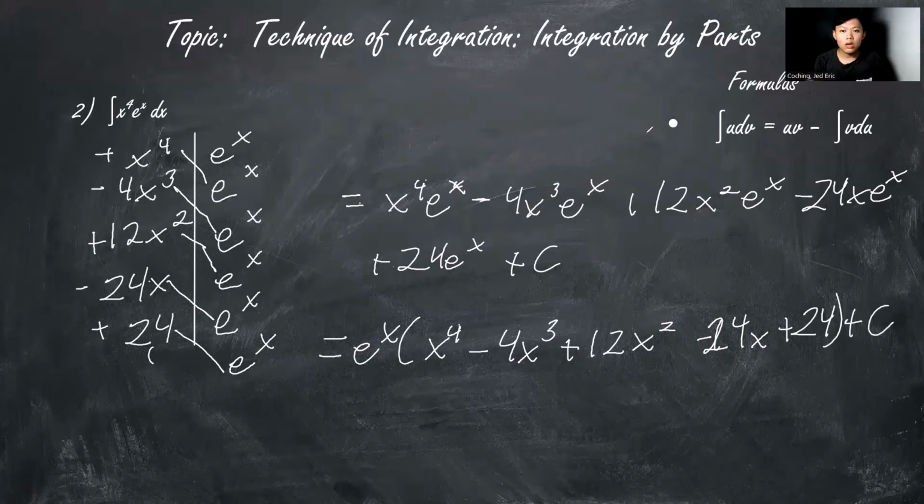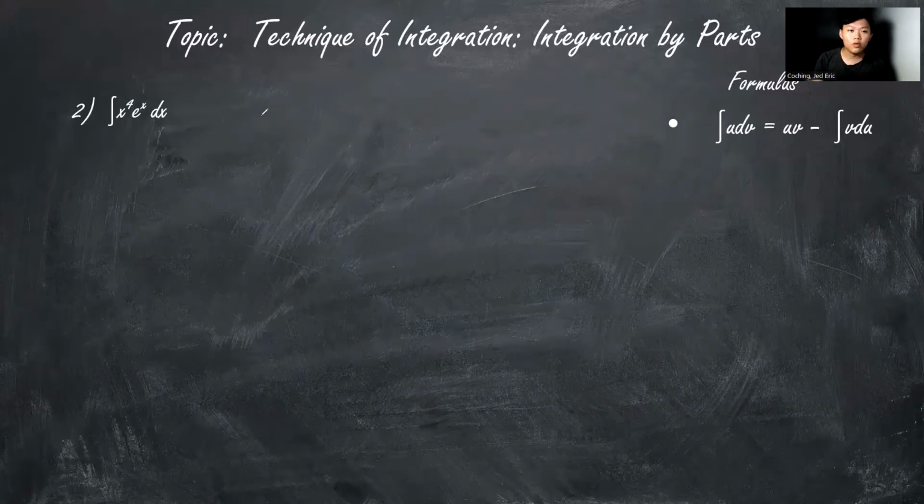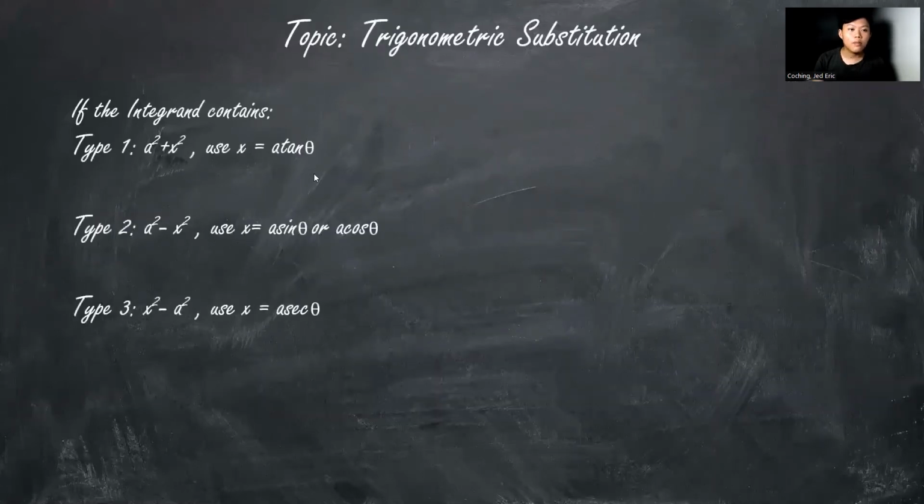And you can use this method to solve what you think will be a very long integration by parts. So always keep this method in mind. So let's clear this, and now let's move on to the next topic.